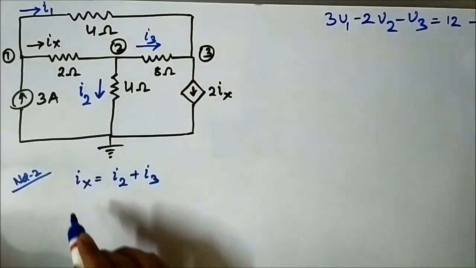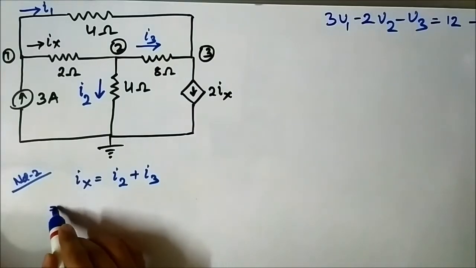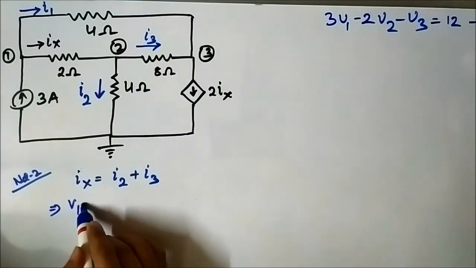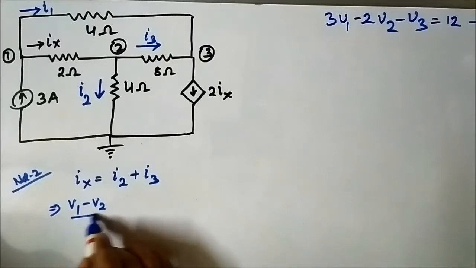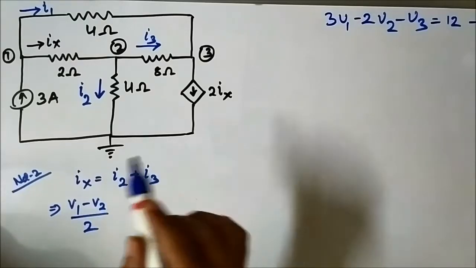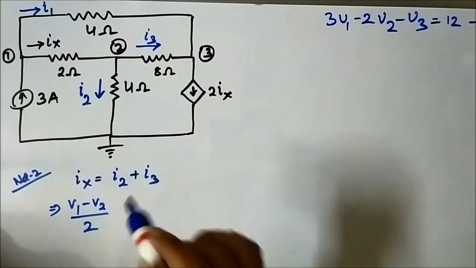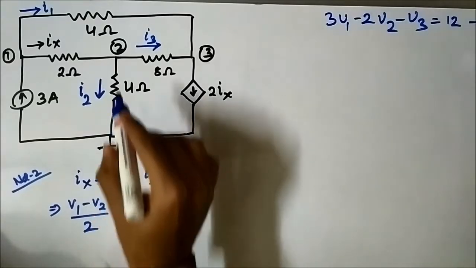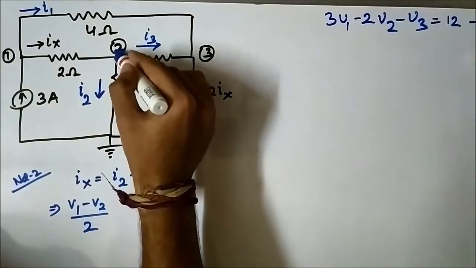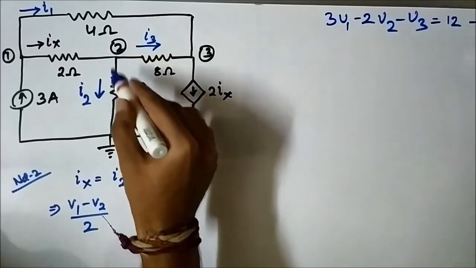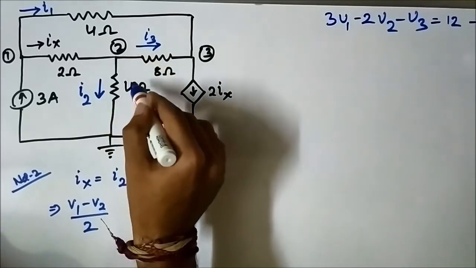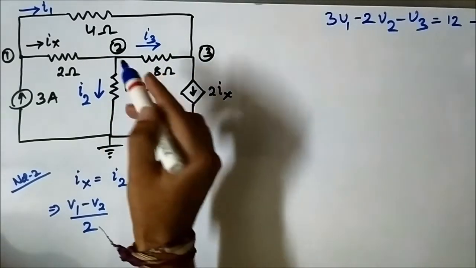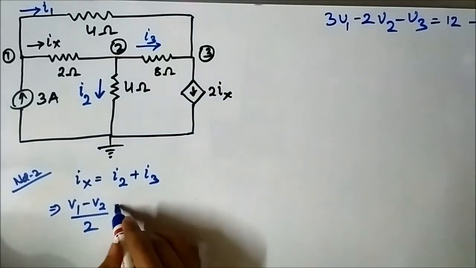So Ix is, as we have written earlier, V1 minus V2 by 2. Higher voltage minus lower voltage divided by resistance involved. I2 is flowing from node 2 to ground, so it is V2 minus V ground by 4 ohm. Ground voltage is 0 volt, so it is V2 by 4 simply.